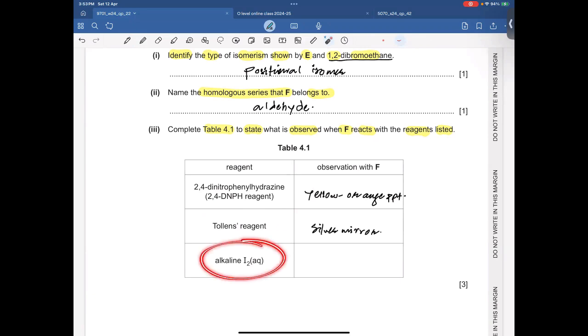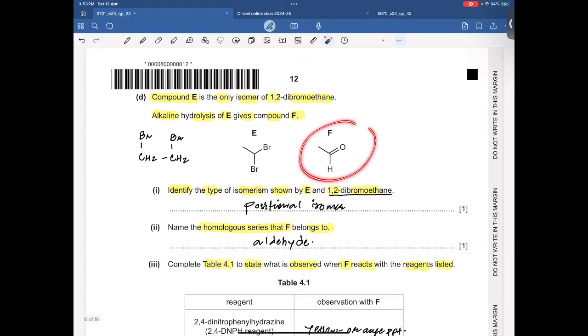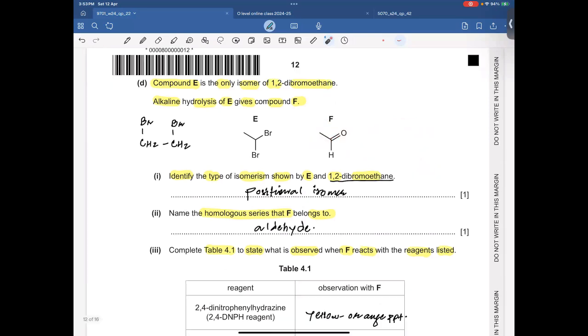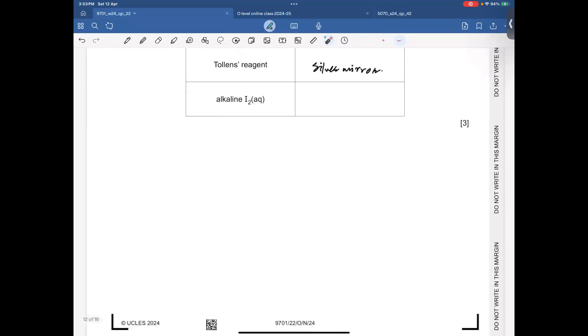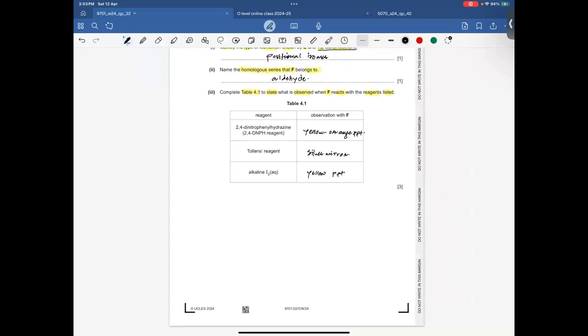When alkaline aqueous iodine is treated with this compound, obviously a reaction takes place because the CH3CO group is present, so iodoform gives a positive test. All right. So yellow precipitates of iodoform will appear with an antiseptic smell.